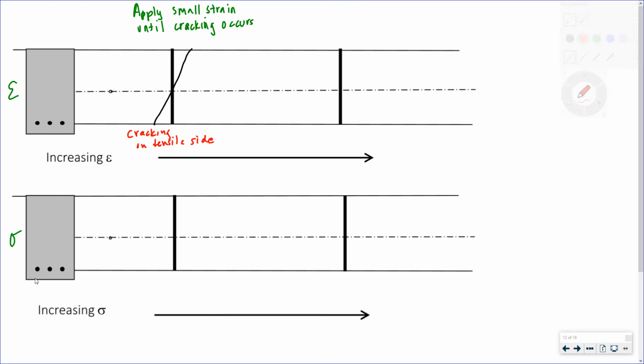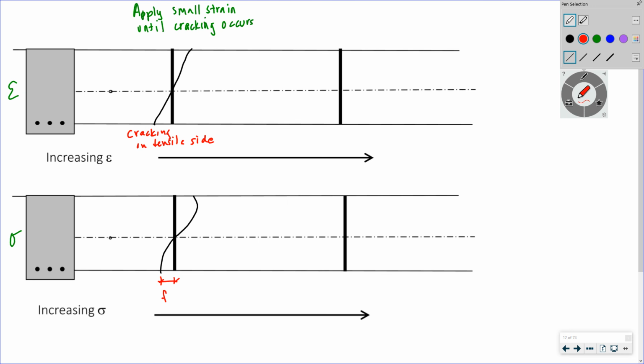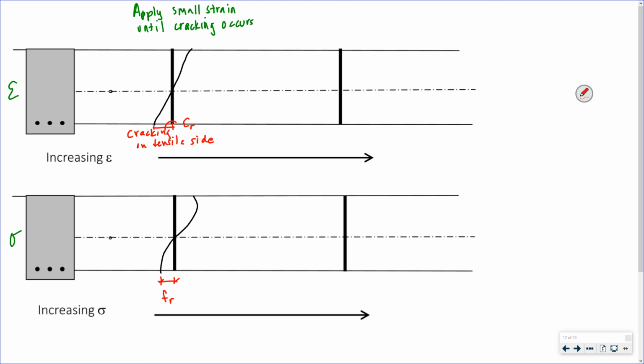If I draw the associated stress profile with that, it looks kind of like that. This value right here is my modulus of rupture. Right, this value would be the strain associated with rupture.